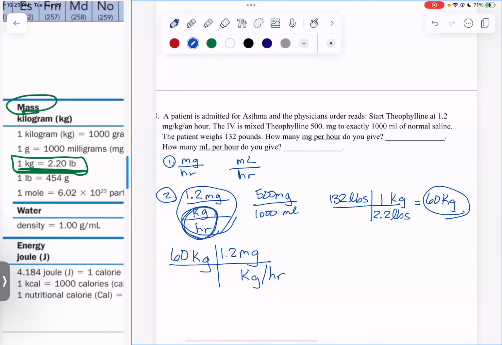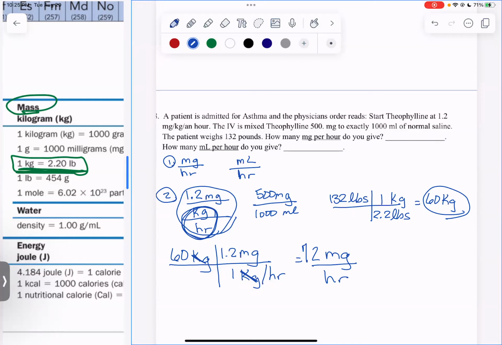So I have 1.2 milligrams per 1 kilogram per hour. So my kilograms cancels, and whatever's left is milligrams per hour. And so 60 times 1.2 gives me 72. So I have 72 milligrams per hour.